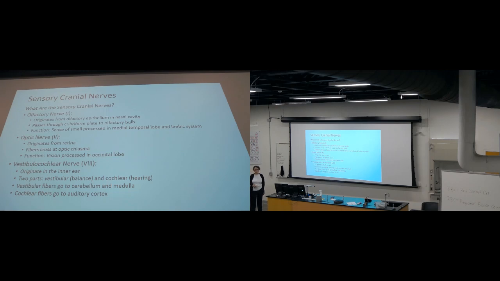The vestibular fibers will go into the cerebellum so that we can maintain balance, and also into the medulla, because we will have connections there with cranial nerves that help us create some reflexes to maintain balance. And then the cochlear fibers will reach the auditory cortex so that we can interpret the sounds, and then we can determine whether it's high pitch, low pitch, loud or not loud.